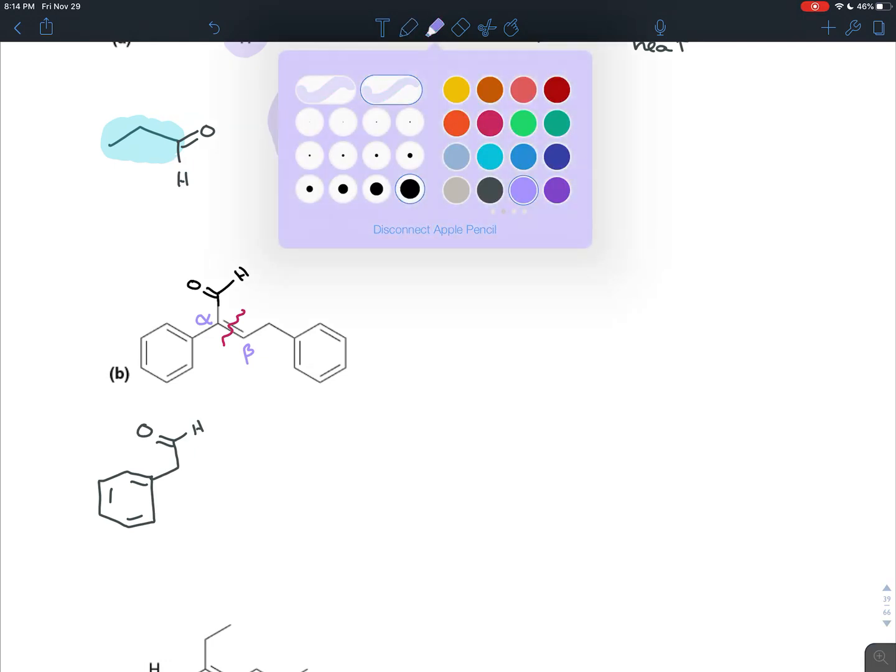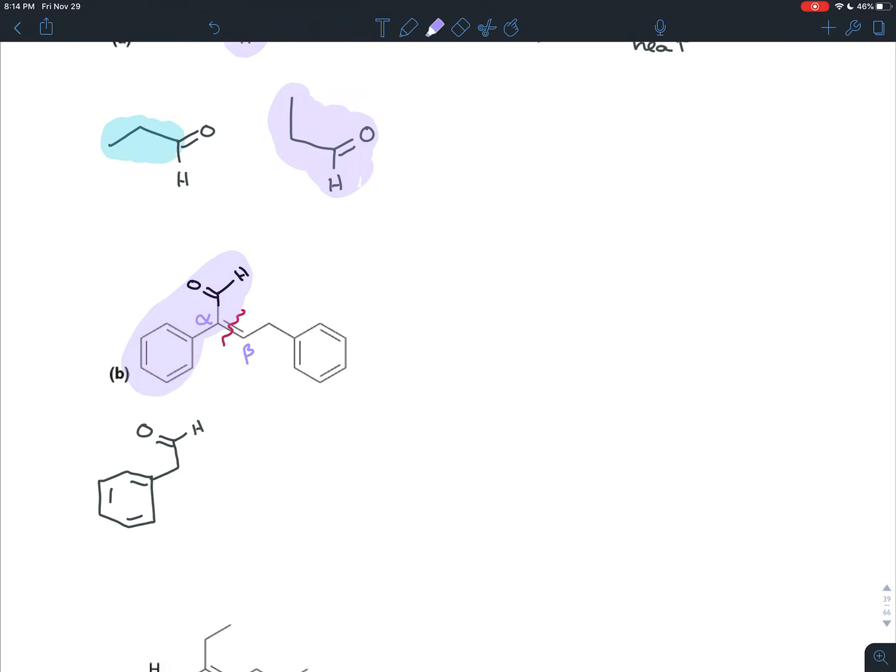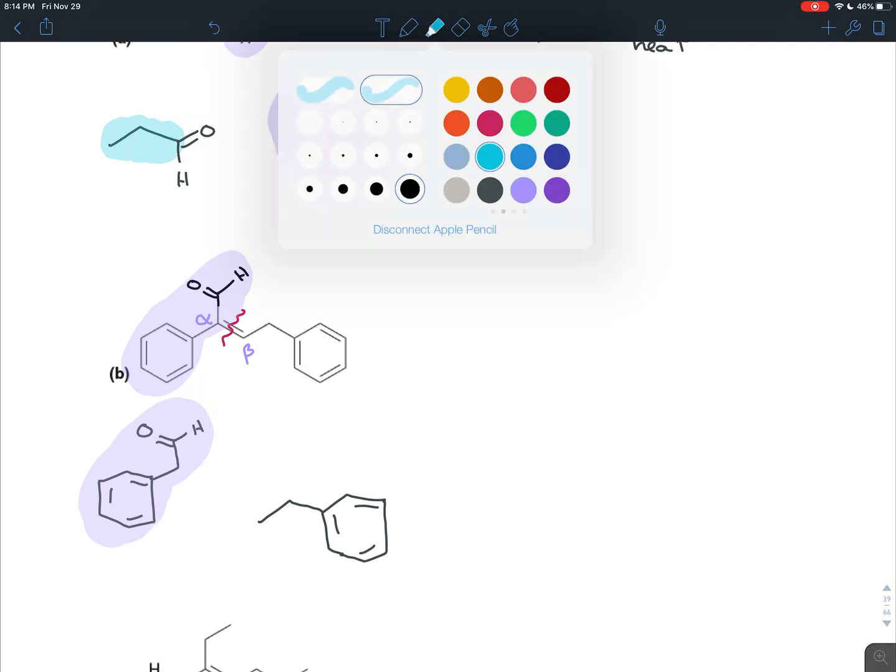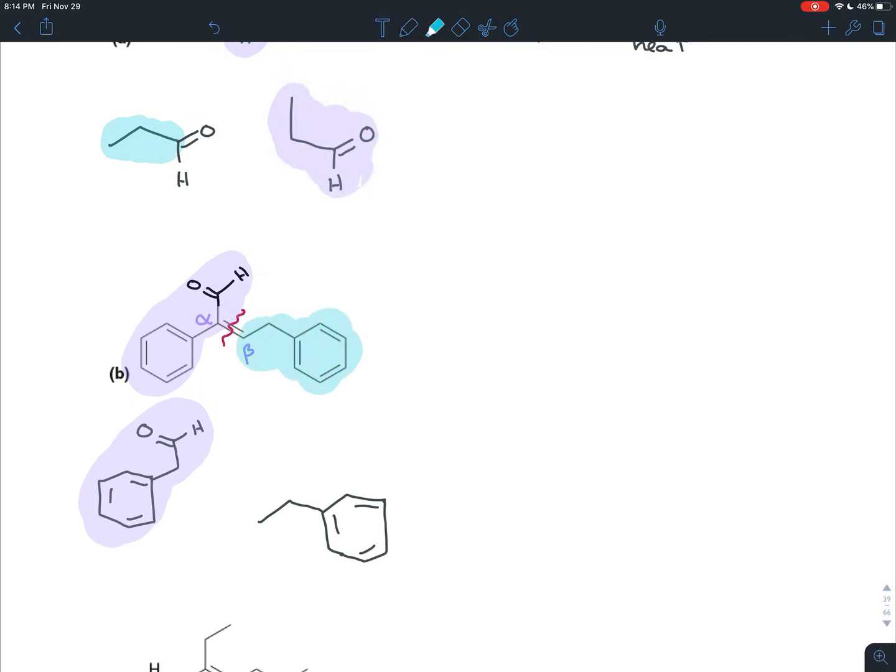That's this molecule here. And then copy on the other side, we'd have the benzene ring with 2 carbons. So that's what we have there.